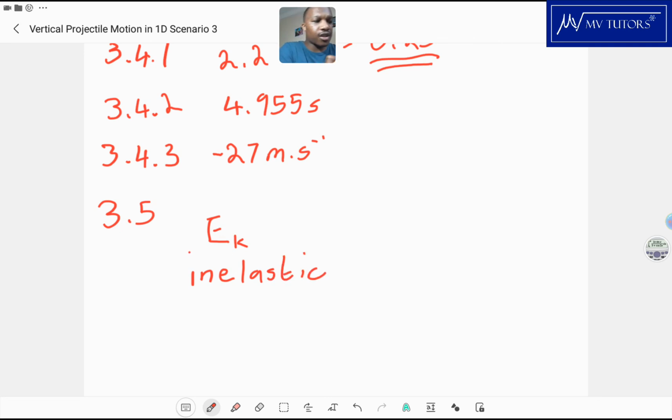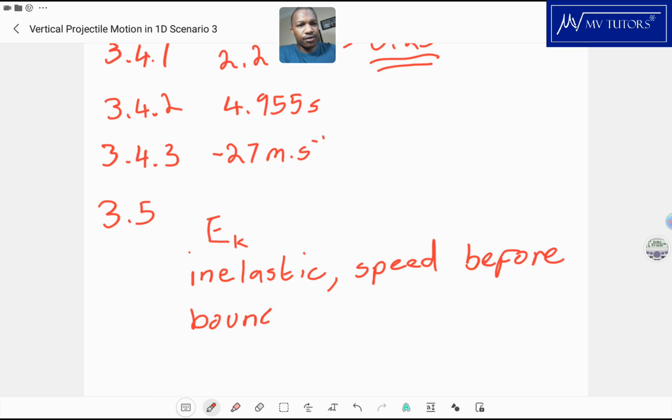It's going to be inelastic because the speed before the bounce is not the same after the bounce.